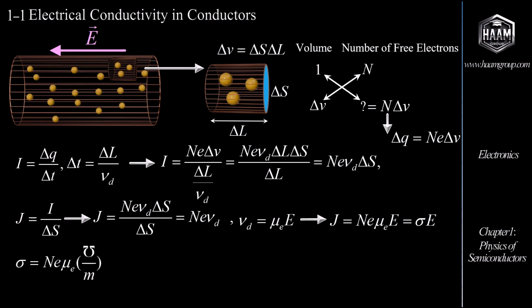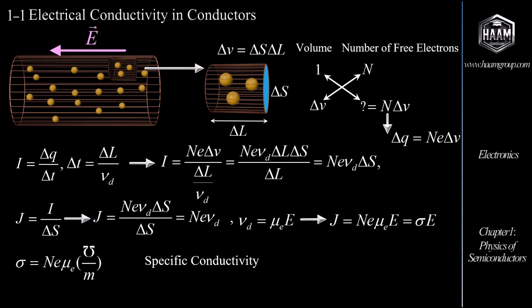So, we define the coefficient σ, which is the value n e μ_e, and call it the specific conductivity, whose unit is Siemens per meter or mho per meter.